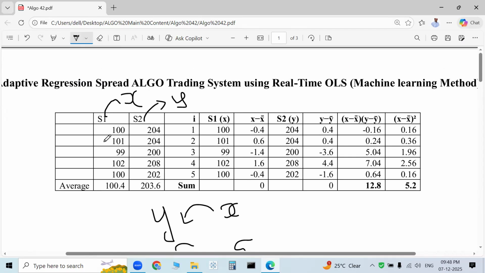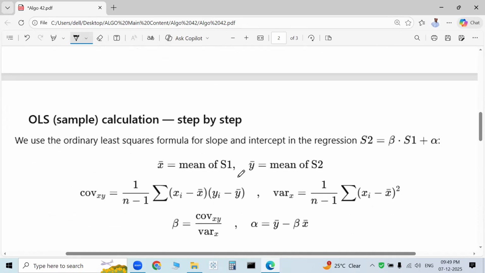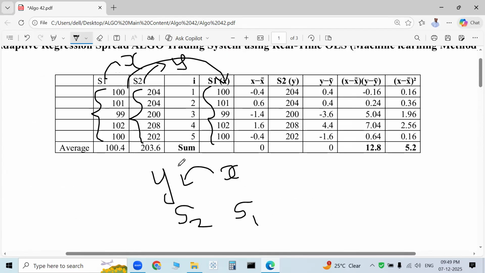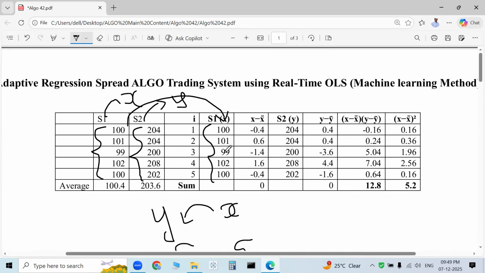So the first part: these are the changes in the price of stock number 1, and these are the changes in the price in the 5 different readings of stock number 2. We are just copying these readings first. We are finding the average of these values by adding all of them.